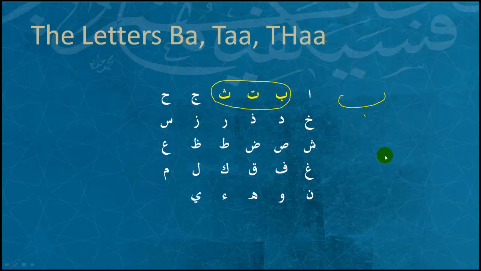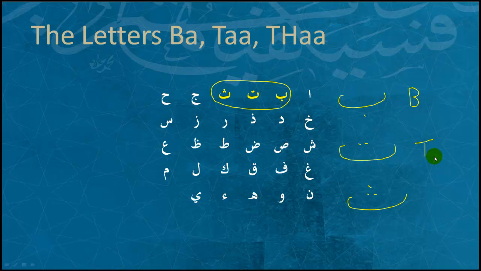Ba has 1 dot underneath. Ta has 2 dots on top. And Tha has 3 dots on top, like that, in the form of a triangle. Now, Ba sounds exactly like the English letter B. There's absolutely no difference. Ta is represented by a T in English. Let me just write the letters beside them. So Ba is B, Ta is T, but there's a big difference.